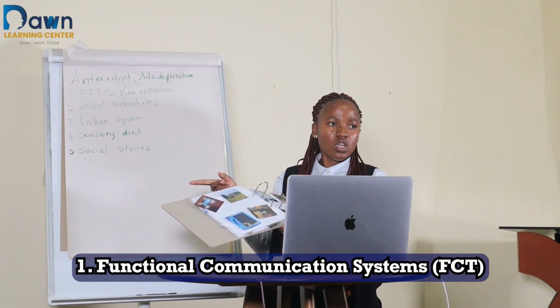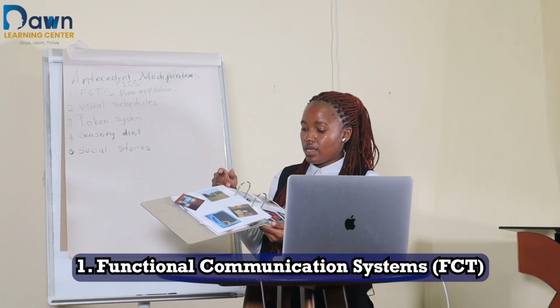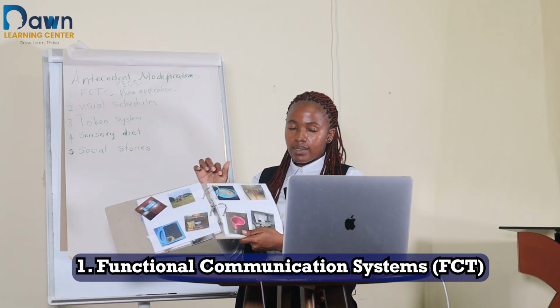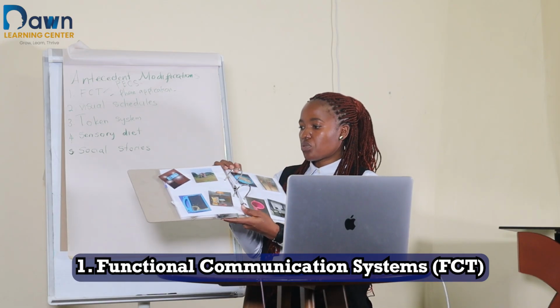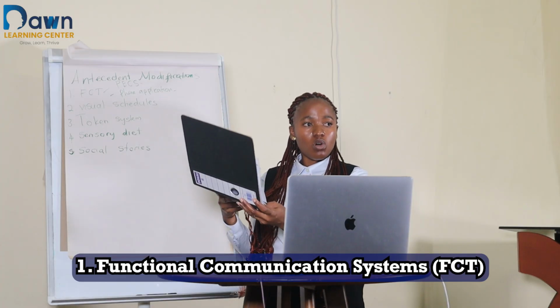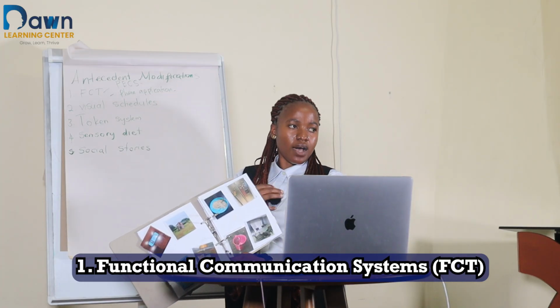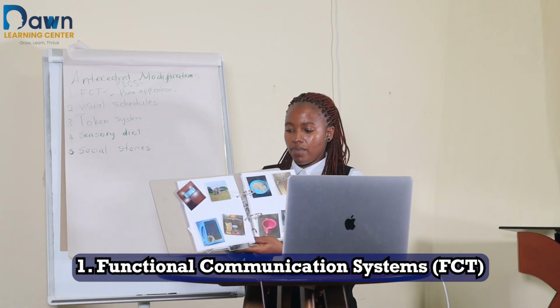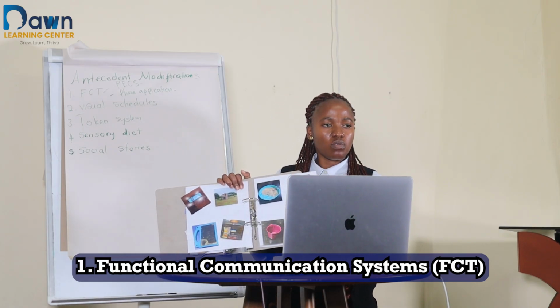When you say "porridge," you reinforce those words so that the child begins to associate the word porridge with this picture. By so doing, next time John wants porridge, he will just go to his file or his device using an application like TouchChat. He will know there's no need for me to cry.